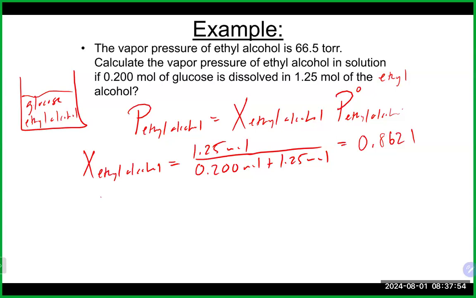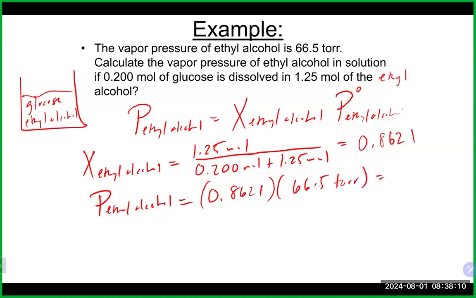Now we can put it in here: the vapor pressure of our ethyl alcohol will equal 0.8621 times our 66.5 torr. When we do that, we end up with 57.3 torr as the vapor pressure of ethyl alcohol in the solution.